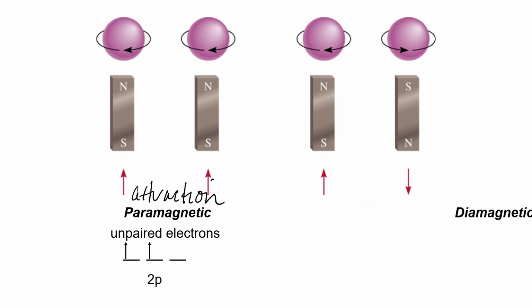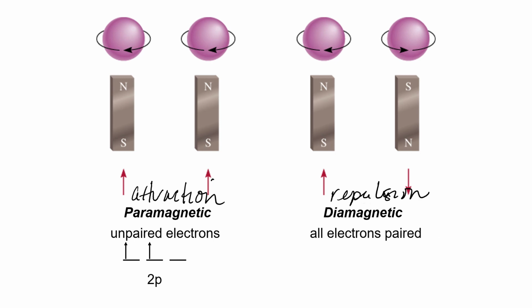If a substance is repelled, that substance is diamagnetic, and all the electrons are paired.